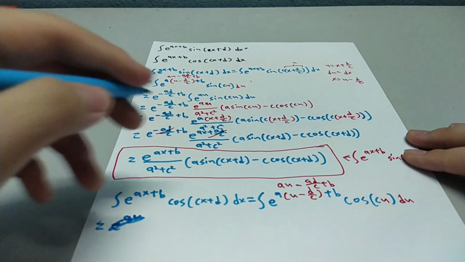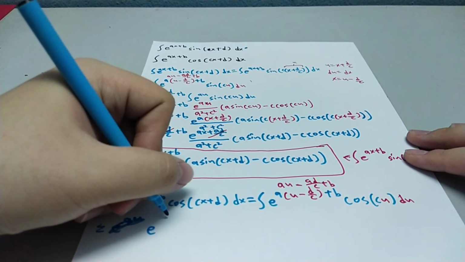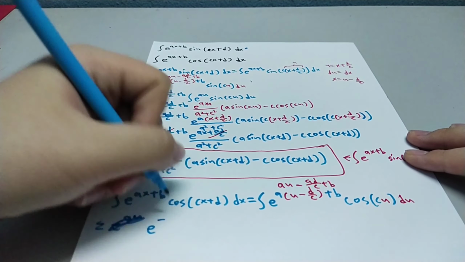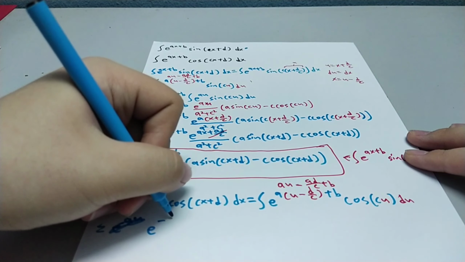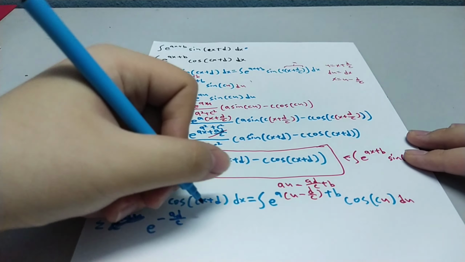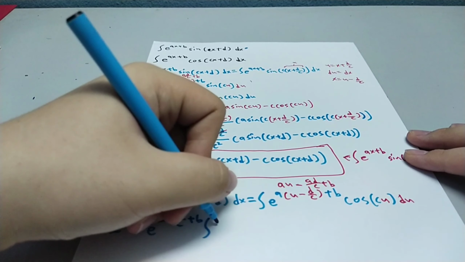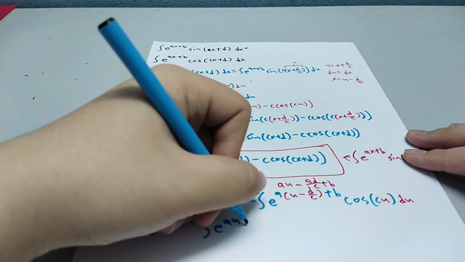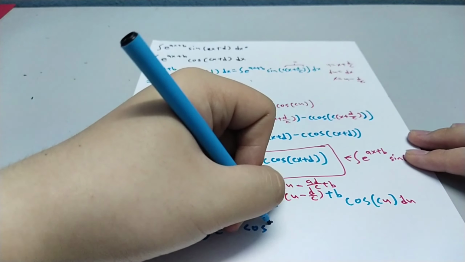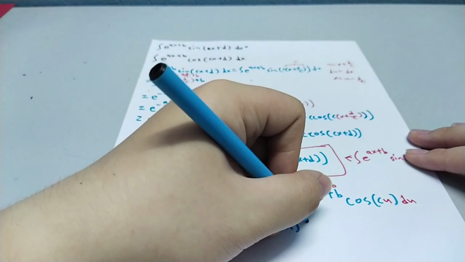Then this integral is going to be equal to e power of negative ad over c plus b times the integral of e power of au times cosine of cu du.